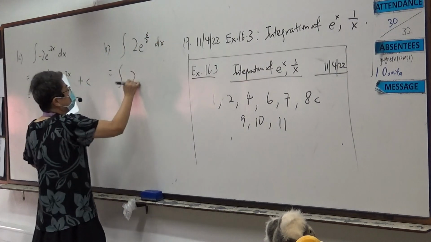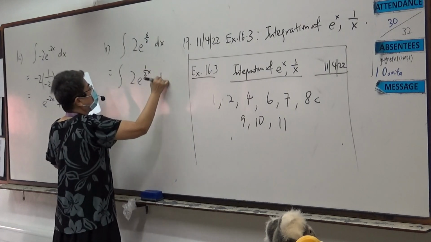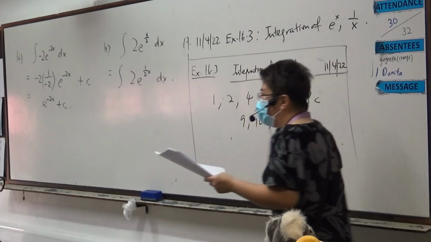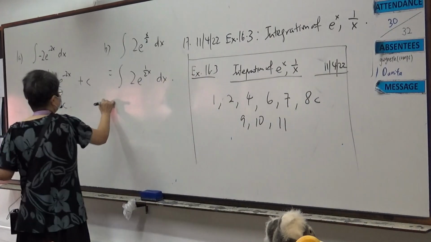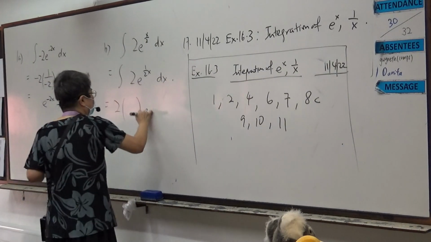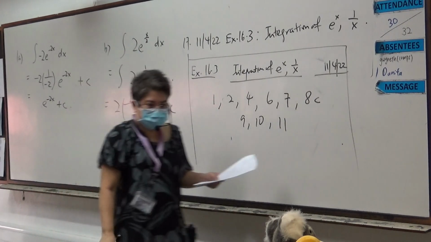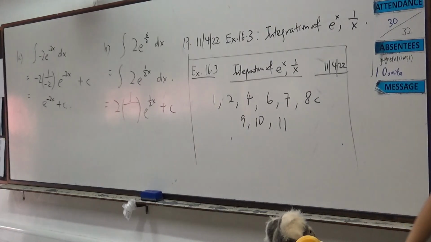Now, I want you to rewrite this as this. x over 2 is half x. Don't stay down there and look at it forever and not know how to do. I want to know 1 over what? Now please don't talk.